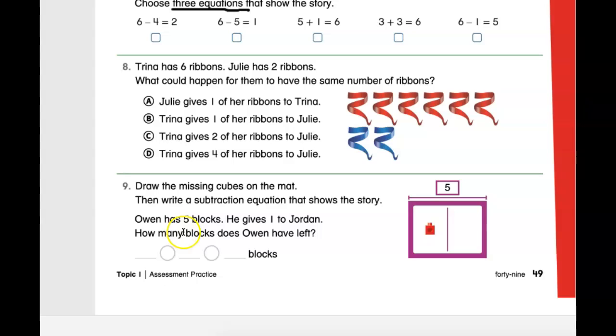So if Owen has 5 blocks and he gives 1 to Jordan, how many blocks does Owen have left? And Mrs. Collier isn't too concerned about drawing on the mat. I just need to see that you can write the subtraction equation correctly.